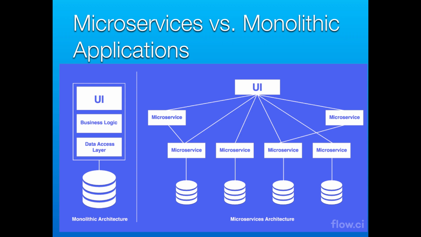Everything was packaged inside the same WAR file or EAR file, right? In case of Java development, and in other languages, similar things. Your presentation layer, your business logic, your data access layer, all was packaged inside one big monolithic piece of code, and that would be deployed.